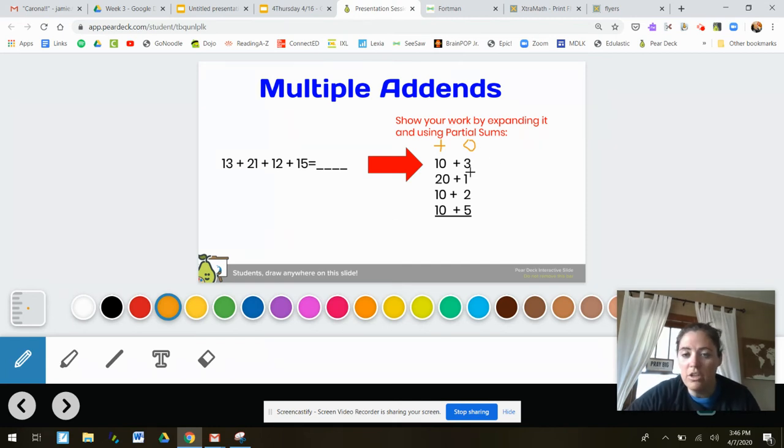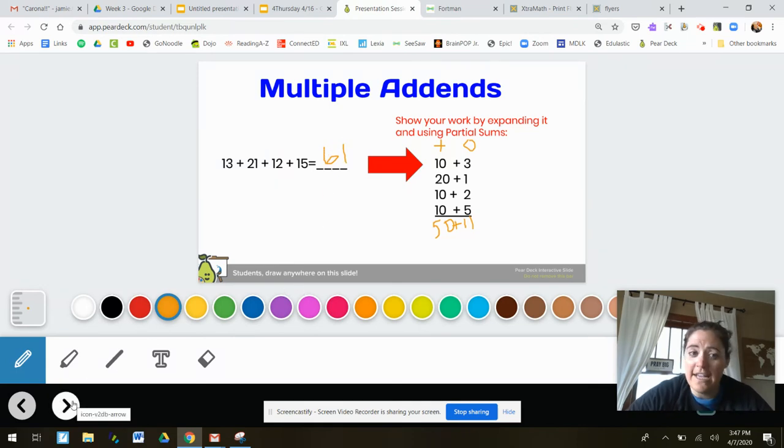Just add up those columns, okay? 3 and 1 is 4, 2 more is 6, and 5 is 11, okay? Bring that plus sign down, and then you have 10 and 20 is 30, then this 10 is 40, and then 50. I want to see your guys' work here, okay? So 50 plus 11, bump it on, 61, okay?